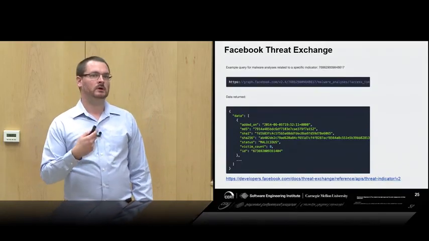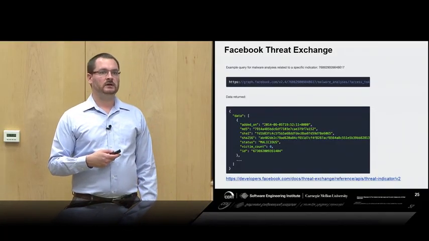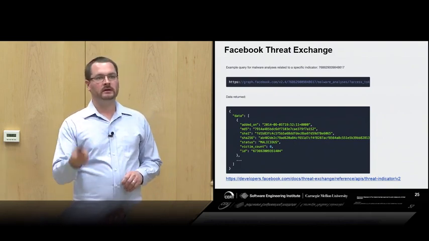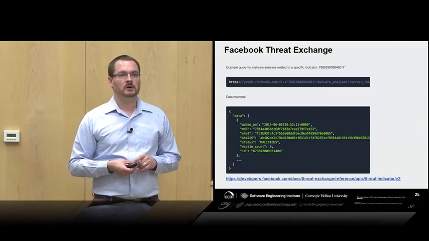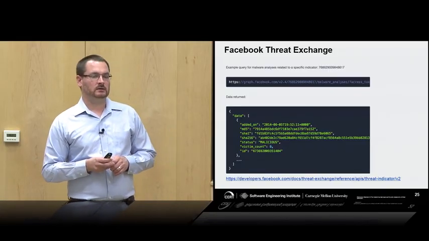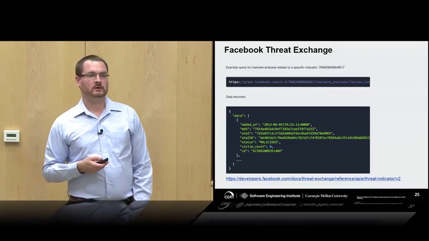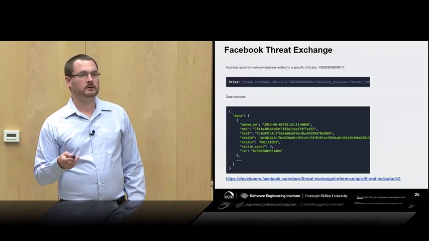Here's an example that's taken from the Facebook ThreatExchange. In this particular example, you can query for a given indicator. In this case, that's the ID number. Facebook has an assignment of the ID number for any given indicator. And you can say this particular ID number has the following signatures.